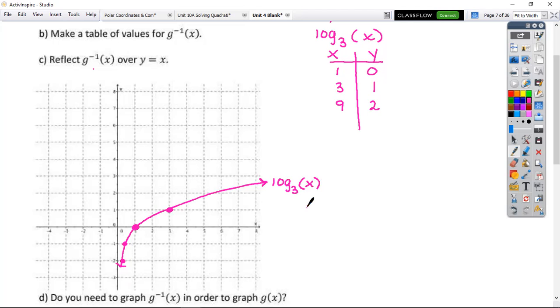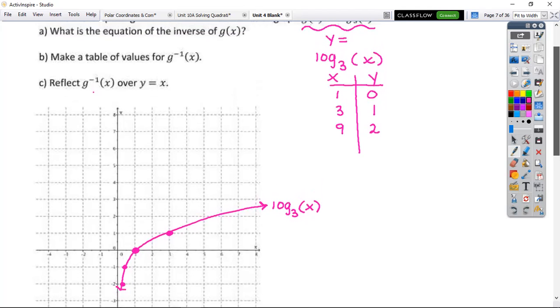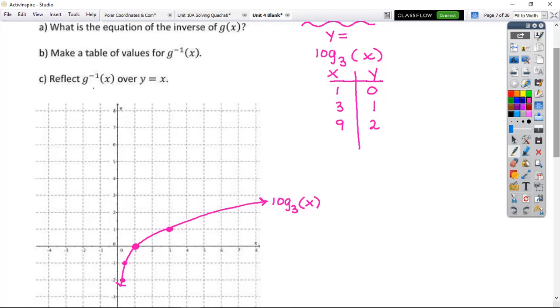Okay? The next thing I want to do is I want the inverse equation for g of x. So if I started this problem with a log graph, what's the inverse answer? What's the inverse of a log? What kind of function? Exponential. And if this was log base 3, what's my answer? 3 raised to the x. So go to your calculators and now type that one in.